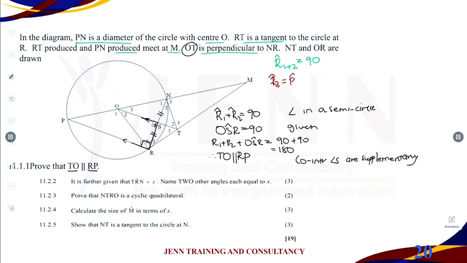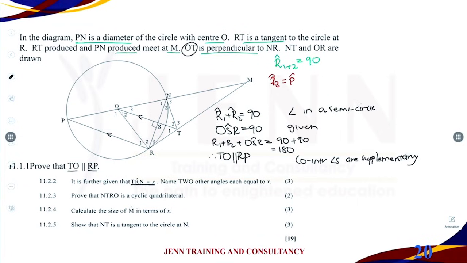It is further given that angle TRN is X. Now that I have proved the lines are parallel, you can leave those marks. It definitely means those two lines are parallel.